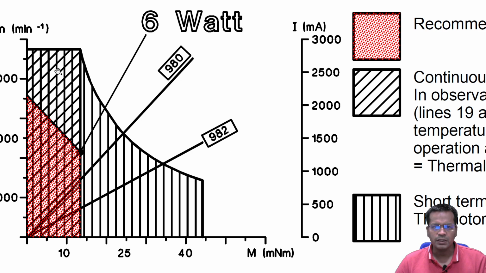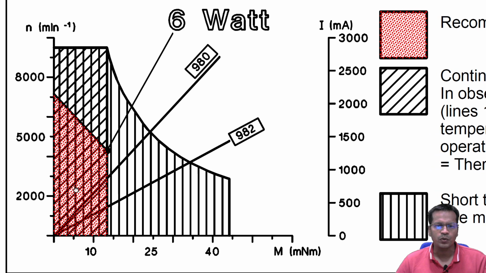Continuous operation can be done in this region. It is not an abrupt end over here and here. It is not shown in the data sheet because it is not a recommended region, and it is not much use going to such a high speed for this type of motor. So you simply trim this here, trim this here, and this red zone is actually the effective zone.